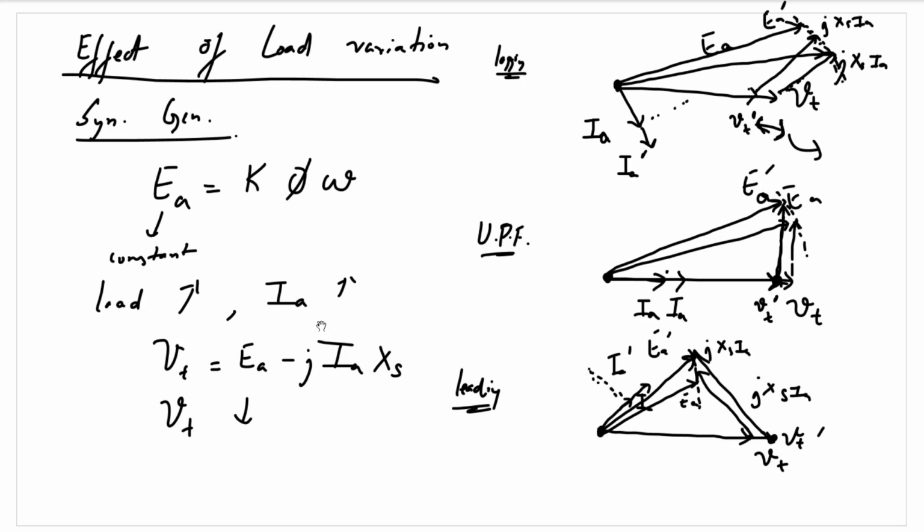So for a lagging load, the terminal voltage will decrease significantly. For a unity power factor load, the terminal voltage will decrease slightly. For a leading load, the terminal voltage will rise.